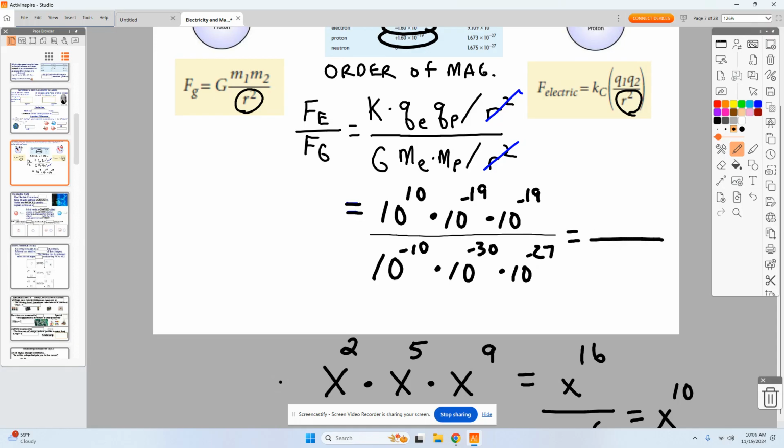So the numerator becomes 10 to the, and I trust you can do that. You might even be able to do that without a calculator. Negative 19 and negative 19 is negative 38. Add 10 to that would be negative 28. So the numerator is negative 28. The denominator, add those together, and I get 10 to the negative 67.